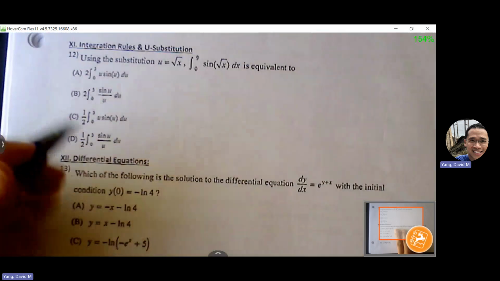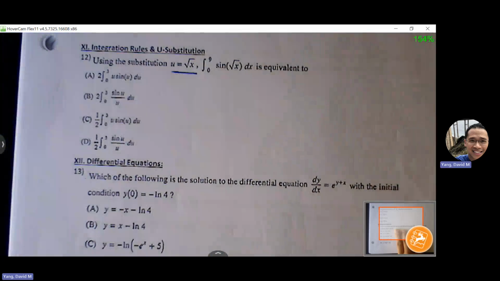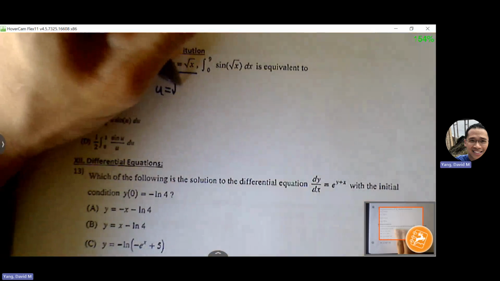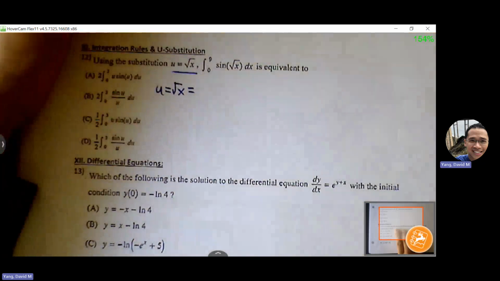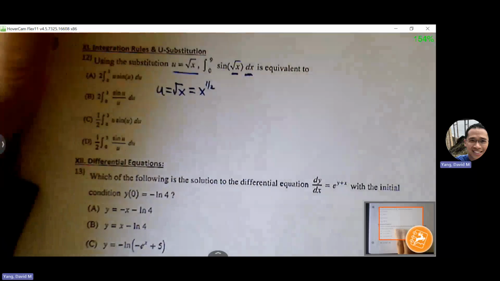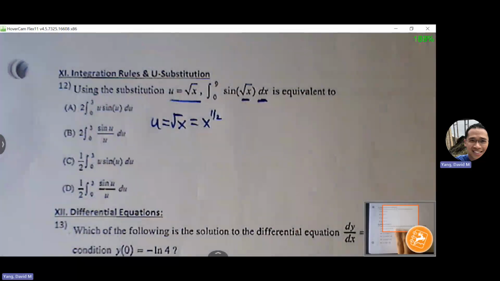So let's do this. Now they're telling us what our u value is, so we can just move forward from that step, right? So if our u value is square root of x, that's the same thing as x to the what? 1/2, right? And if I want to go through my u substitution, I'm going to find my derivative and figure out what leftover expression I have to involve.